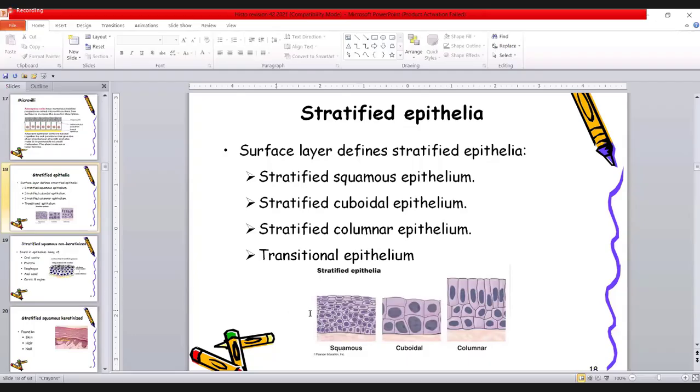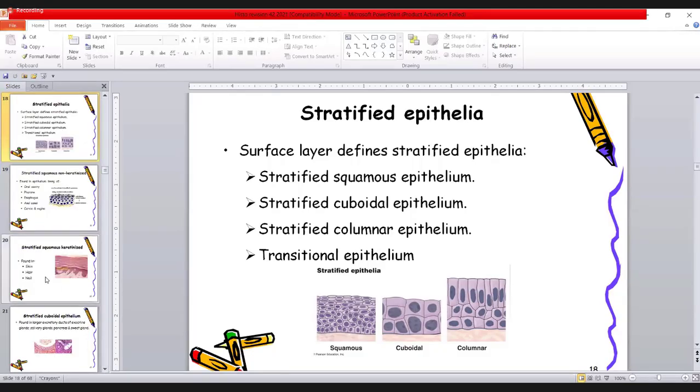That's a unique feature. The bottom cell layer keeps on dividing and adding cells upwards. What happens to the surface cells? They get flattened, scale-like, and sometimes come off the surface.